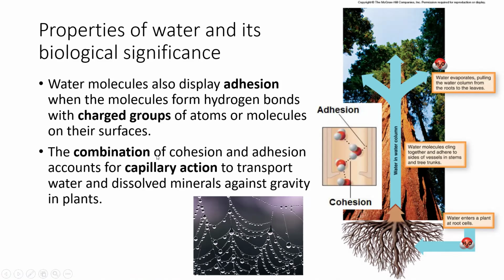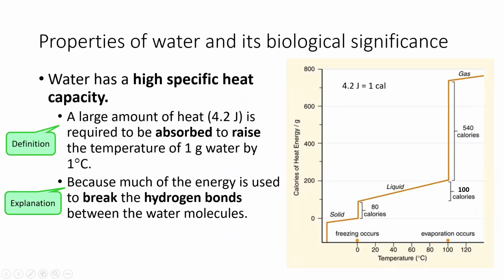The combination of cohesion and adhesion accounts for capillary action to transport water and dissolved minerals against gravity in plants. So you must always mention to transport water and dissolved minerals. Water has a high specific heat capacity.